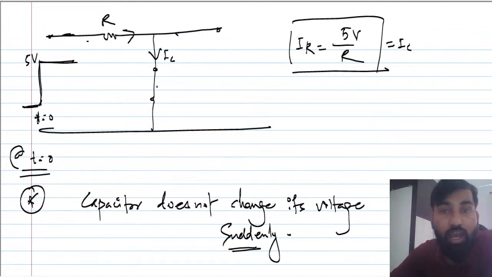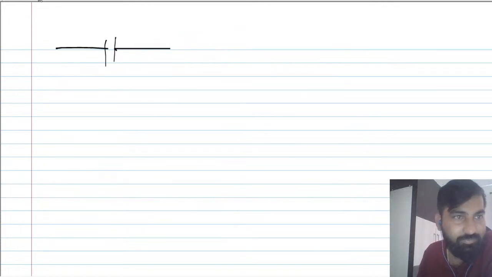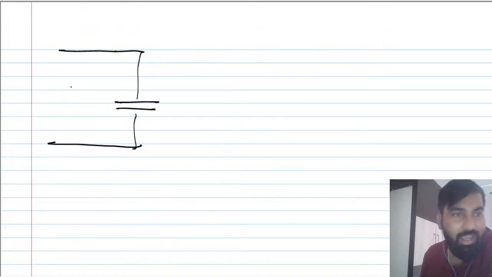Suppose we have a situation of this kind, let me show you. Suppose we have one capacitor here, and there is no resistor. Suppose this is a capacitor and we are applying a step at t equal to 0.